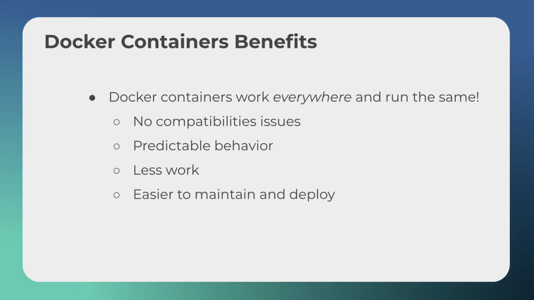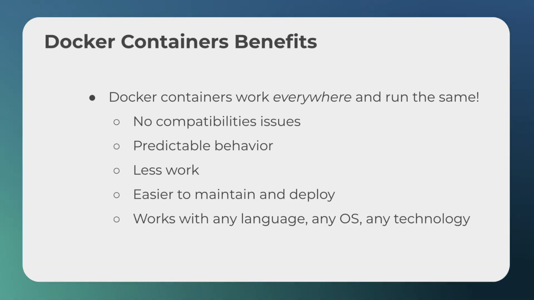And of course, it's also easier to maintain and deploy because, again, all this abstraction is out of the equation. All I have to focus on is testing the code, packaging everything, and go. The beauty of Docker containers is also that they work with any language, any OS, and any technology. Because remember, it's a contained environment that has everything the application needs to run. And there we go. So I hope with this very short introduction, you understand the importance of Docker.